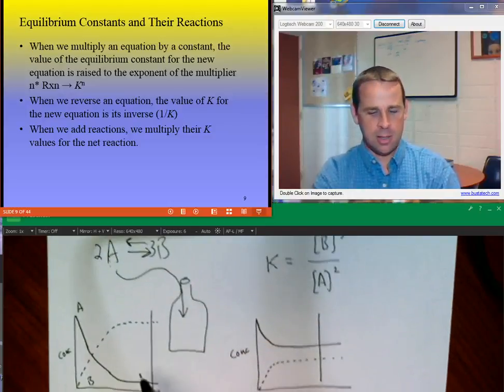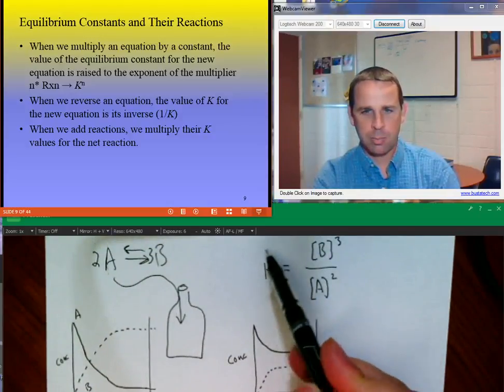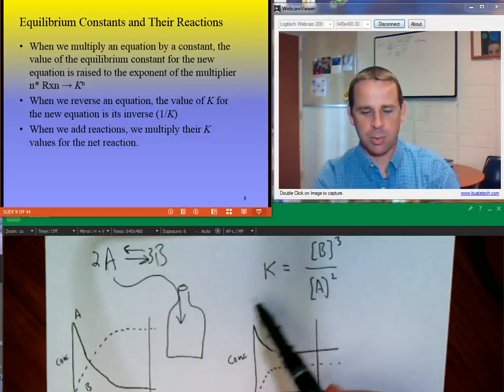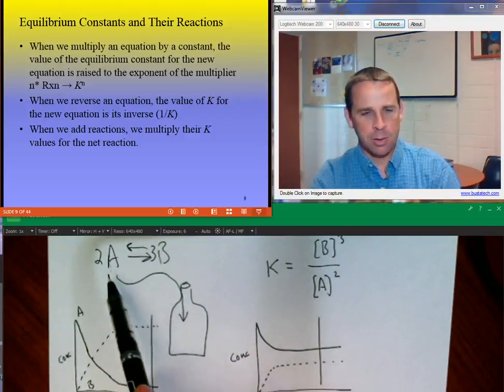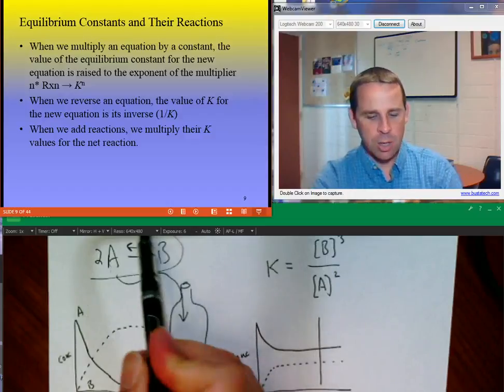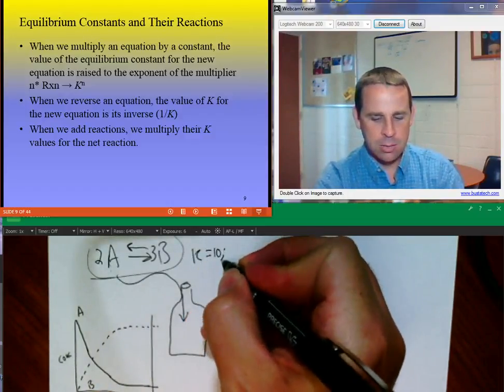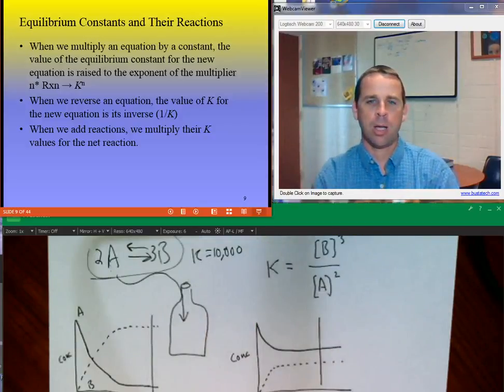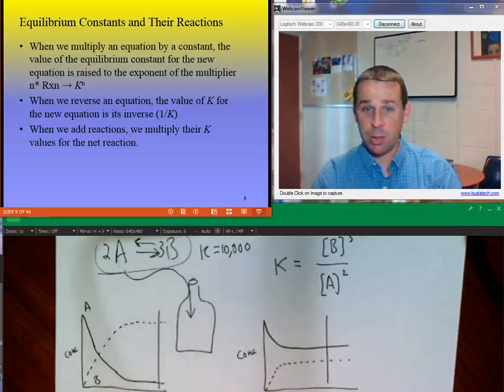If this is the kind of scenario you have, where you have lots of products at equilibrium, and this is the expression at equilibrium, then this will be a large number. If the chemical reaction I've drawn here has a K that's large, like 10,000, that shows me that this reaction, when it reaches equilibrium, has a lot of products.